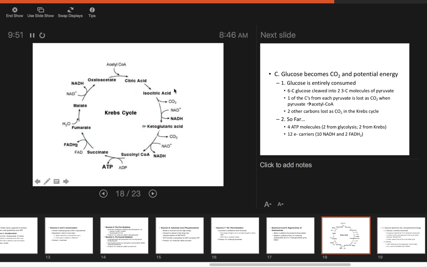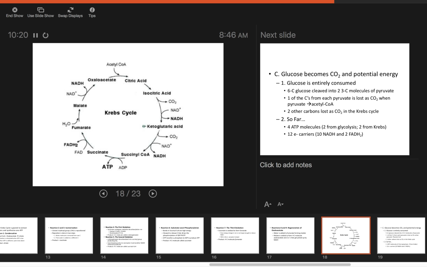So here's what the Krebs cycle looks like summarized. Acetyl-CoA, oxaloacetate, citric acid or citrate. This says citric acid. That's fine. Then rearrangement, an isomerization reaction, turns it into isocitric acid or isocitrate. We cleave off a carbon and we generate an electron carrier. It turns into alpha-ketoglutarate. I should have picked a different diagram.